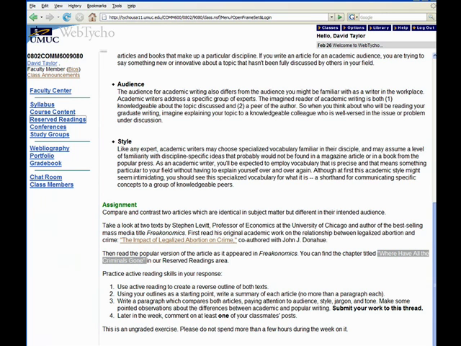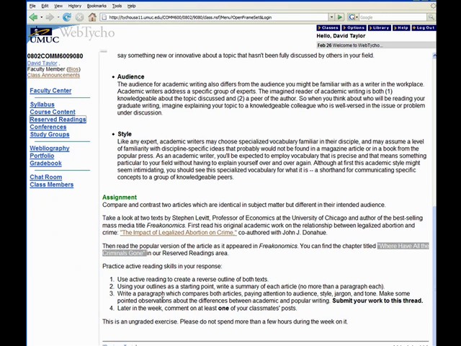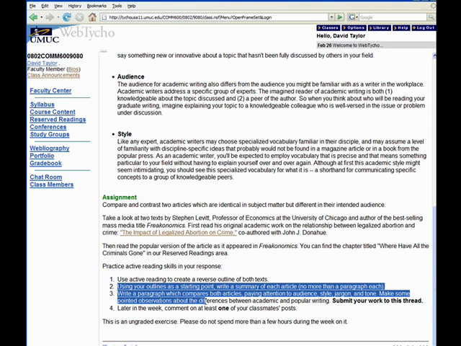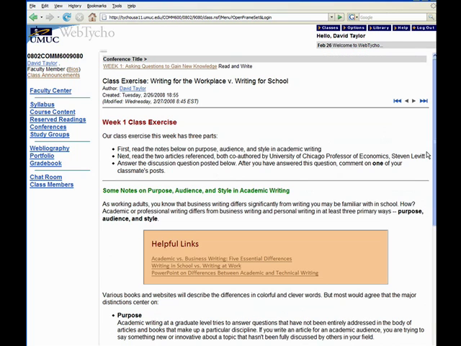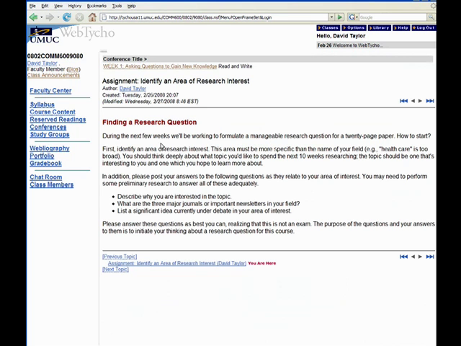Okay, so if you would read those 2 articles, I'm simply asking you to briefly summarize them and then to write a paragraph that compares them, paying particular attention to those aspects that we highlighted above: audience, style, jargon, tone.